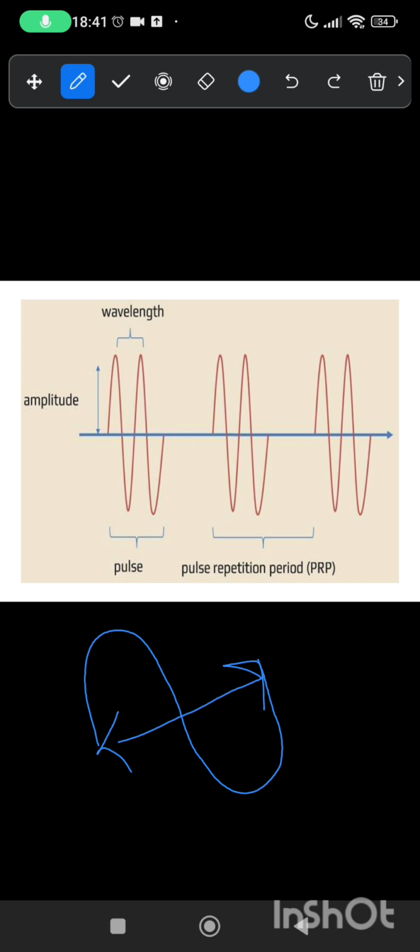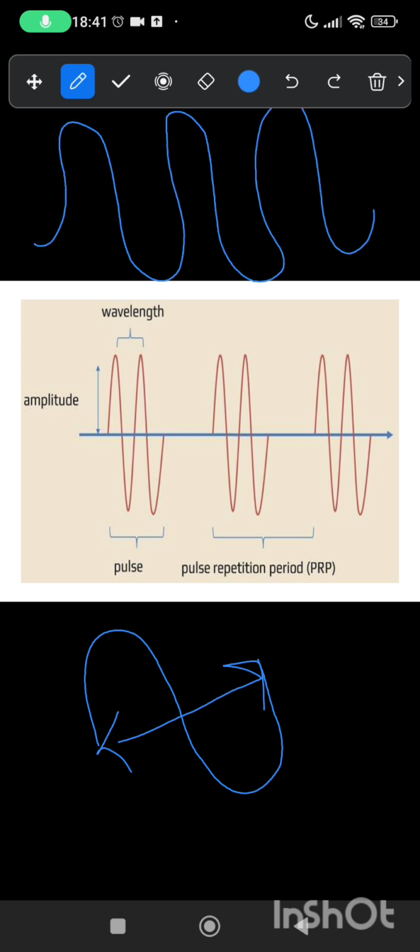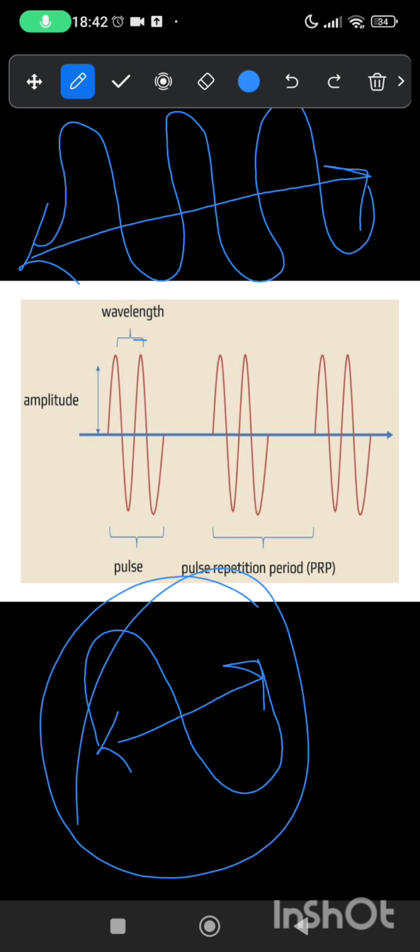And what is the spatial pulse length? This whole pulse length is the spatial pulse length. So wavelength is related with one cycle. As you can see here, spatial pulse length is of the whole pulse. There's a difference between them.